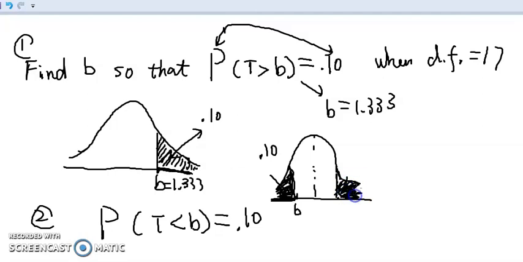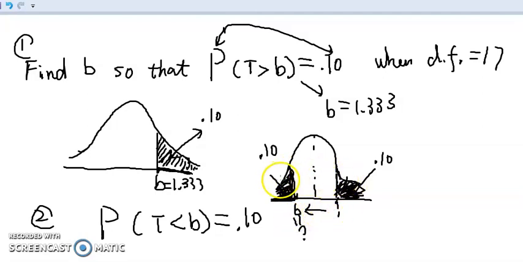So this area is going to be the same as that area, 0.10. And the number I found would be opposite of the b value. So whatever this value is, I take the opposite, and I'm going to get the b value we're looking for.